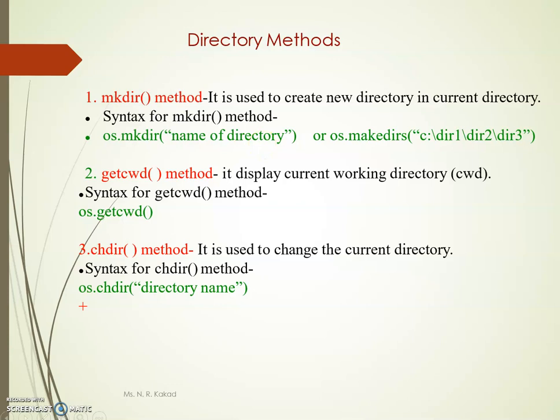So it will create that directory in the current directory. Next, the getcwd method will display the current working directory. Next is change directory, that is chdir. It is used to change the current directory. So we have to specify the directory name here.